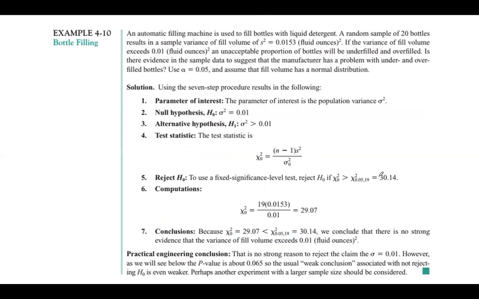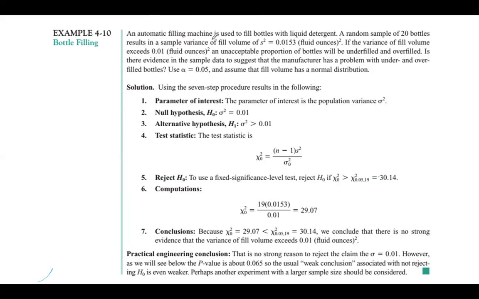All right. So hopefully from those three examples, you can get some more ideas and more understanding. Maybe you can repeat them again also. Now let's have a look at the next example. This is example 4.10, which is about bottle filling.